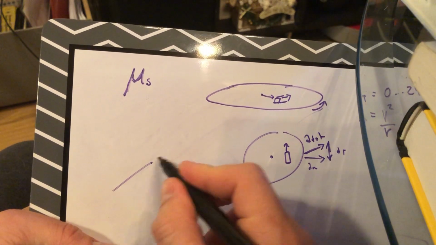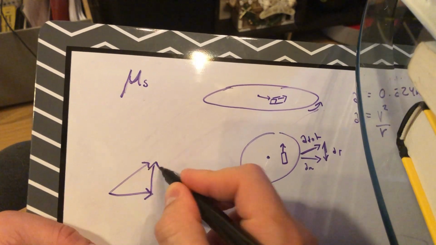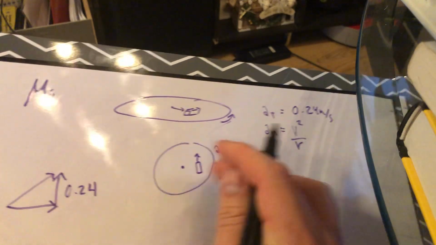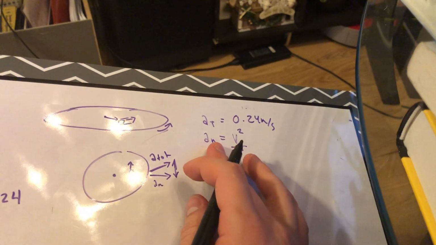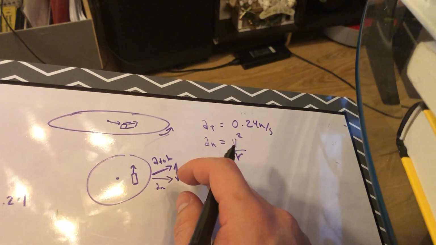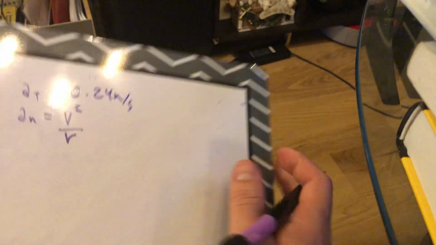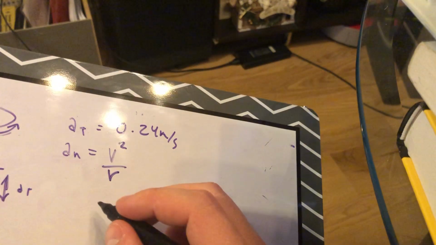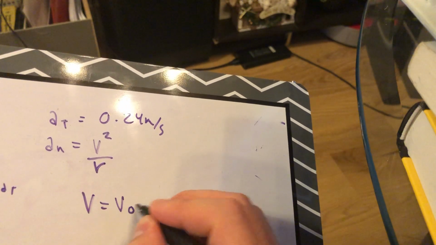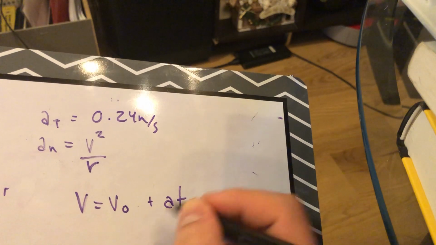So we have a component here and a component here, and we know this one's 0.24. We can solve for this one. Let me look at my notes real quick. Yep, we use the kinematics equation where V equals V0 plus at.